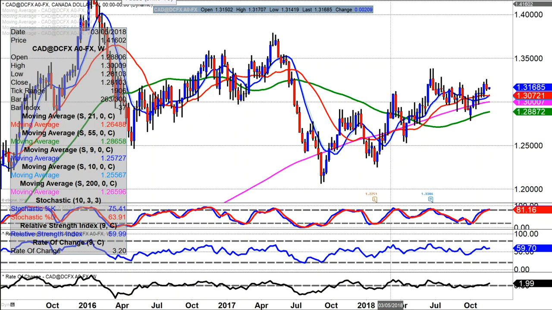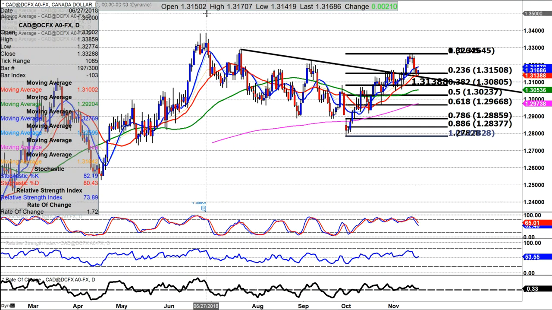Let's have a look at the daily. Now, if you look at that little support line that I drew, or resistance line, you can see that Friday it held, and that line comes in around about 131.40 today, and already we have held it. We've also got obviously the 9 and 21 day moving average.